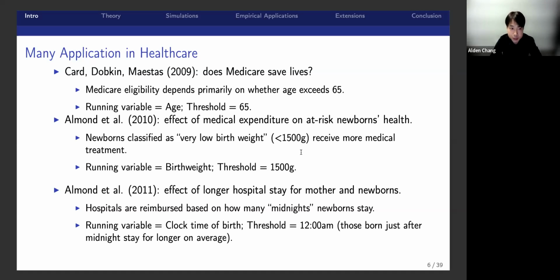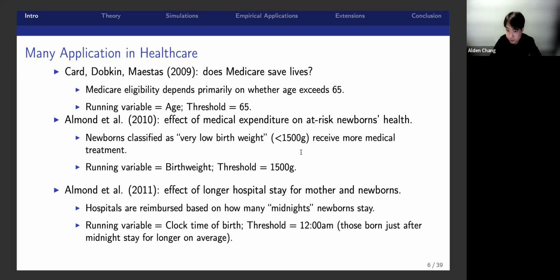The final example is another paper by Almond et al., which studies the effects of longer hospital stays on the outcomes of mothers and newborns. They use the institutional fact that hospitals are reimbursed based on how many midnights newborns stay.